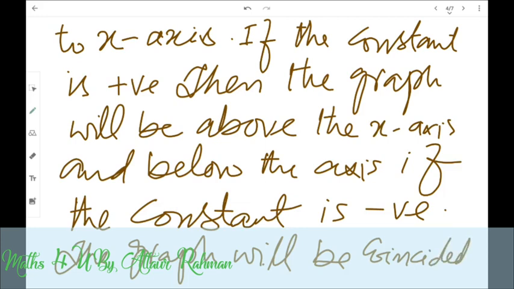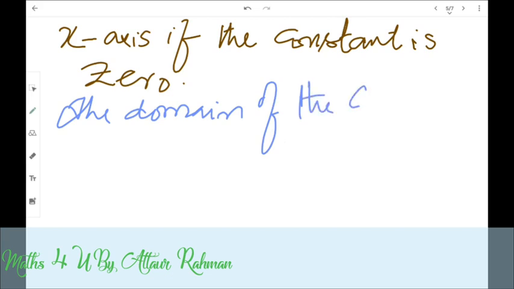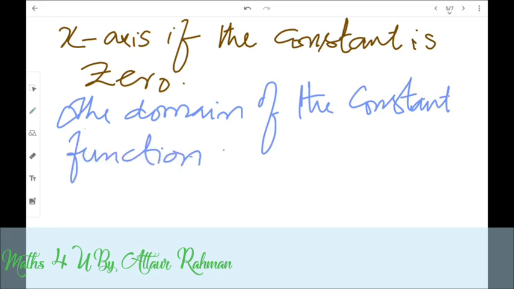The domain of a constant function is always the set of real numbers. If not otherwise mentioned, a specific set should be the domain of a constant function. So we always take the set of real numbers as the domain of this constant function.